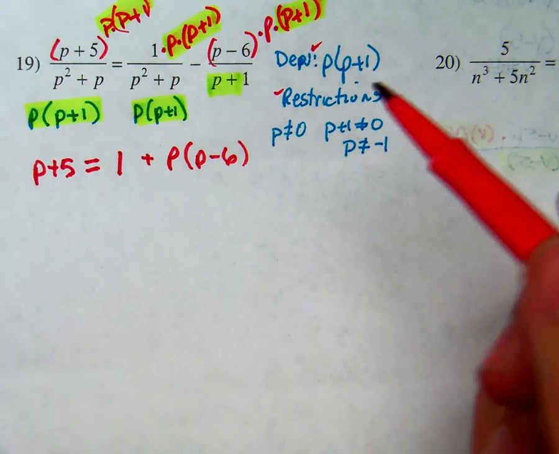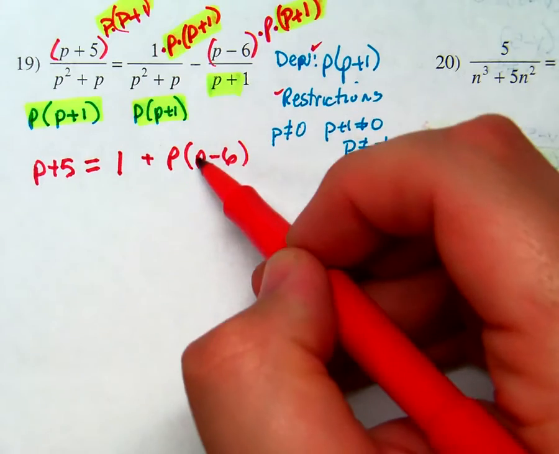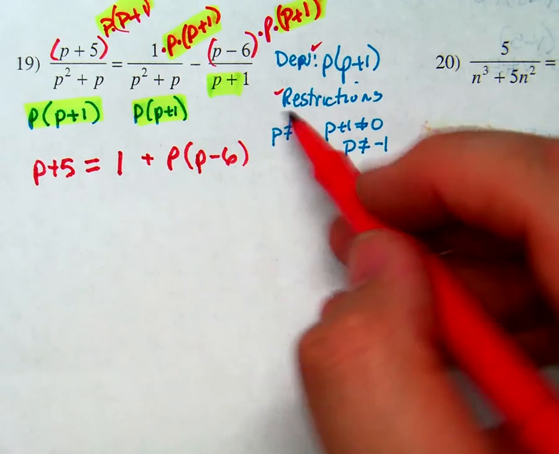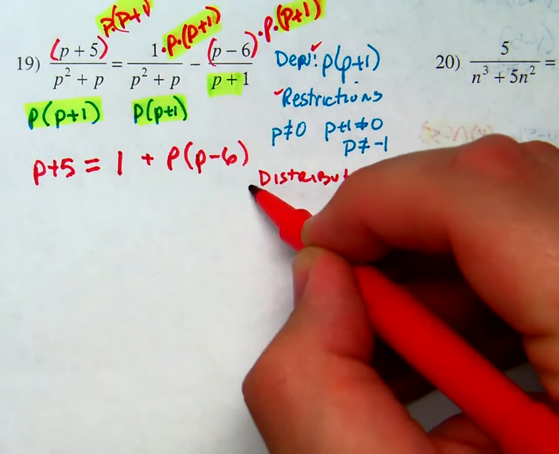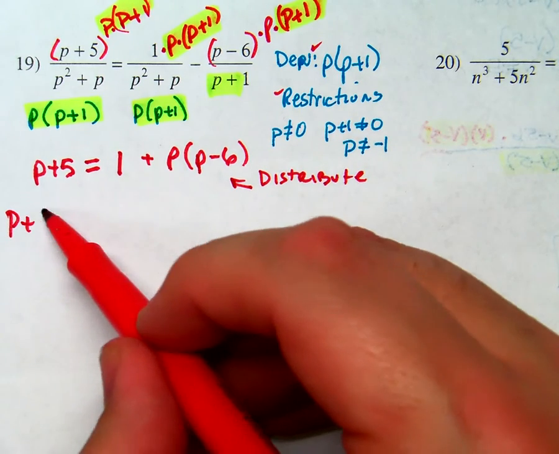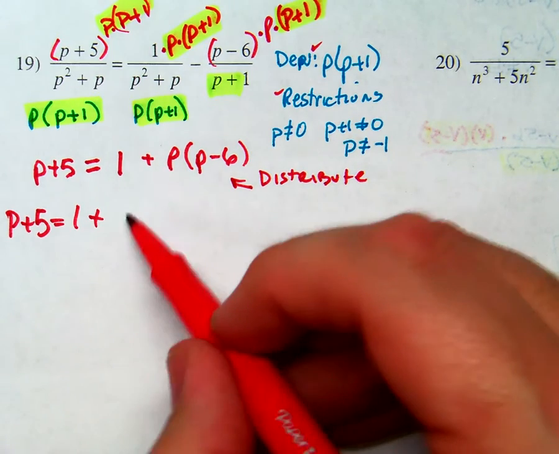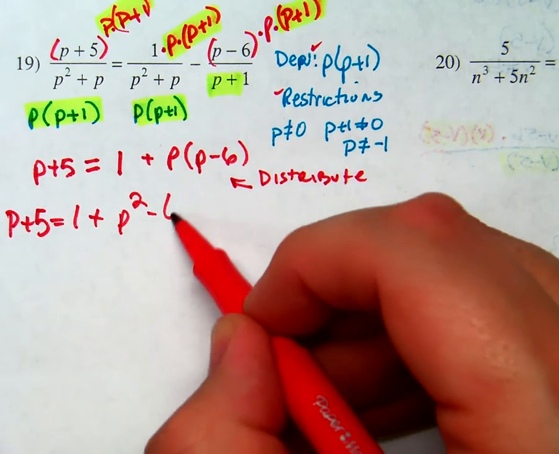I have to distribute here. So I'll get p plus 5 is equal to 1 plus p squared minus 6p.